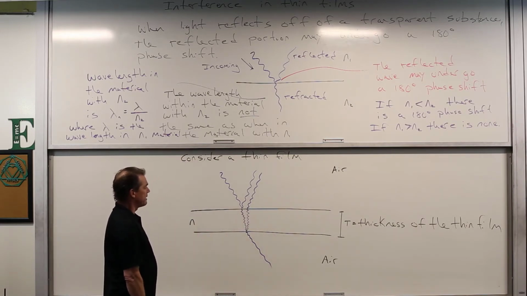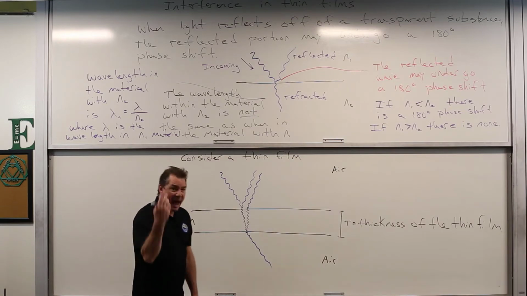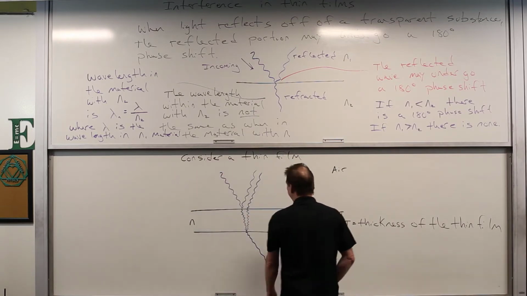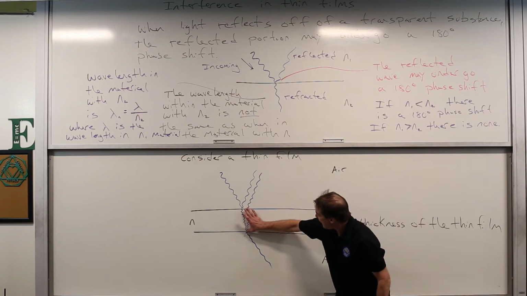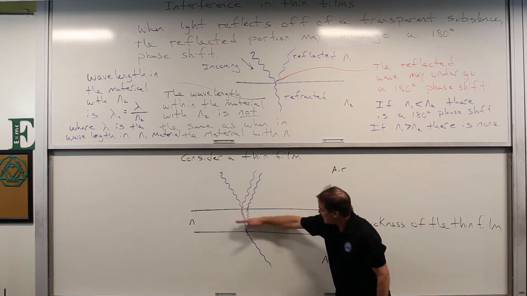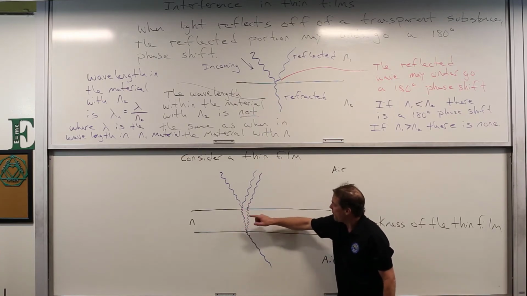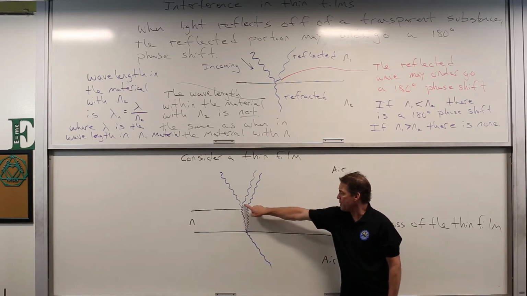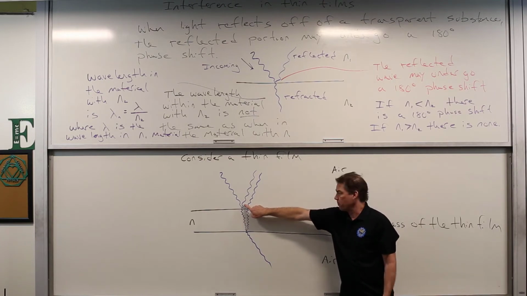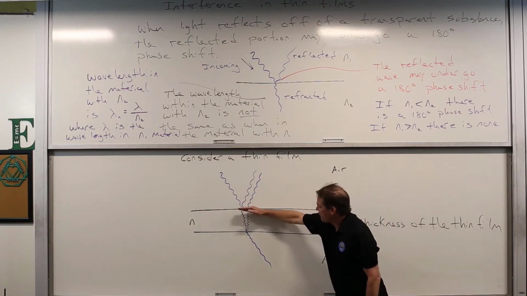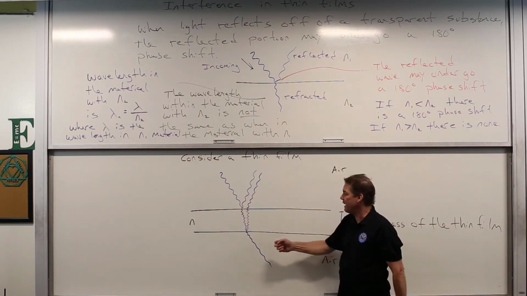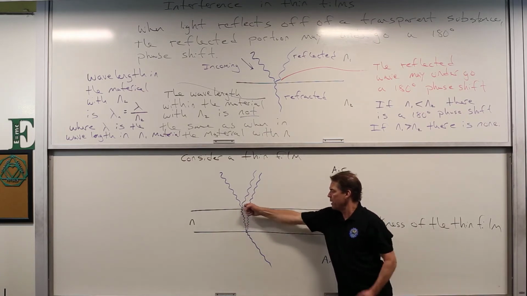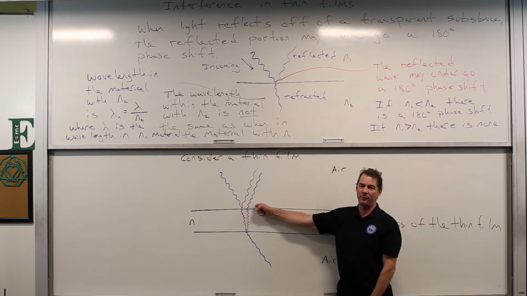And it really comes down to path lengths. If the path length within this matches up to the same phase when it's exiting with respect to this reflected one, we will get ourselves some constructive interference. Whereas if this path length is off or out of phase by 180 degrees with respect to this one, we'll get destructive interference.